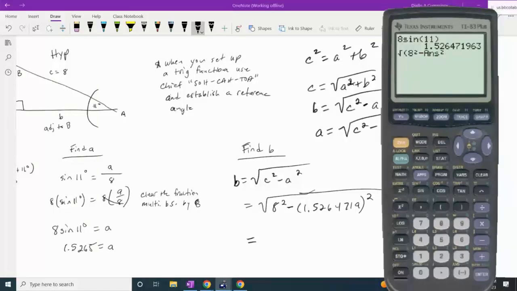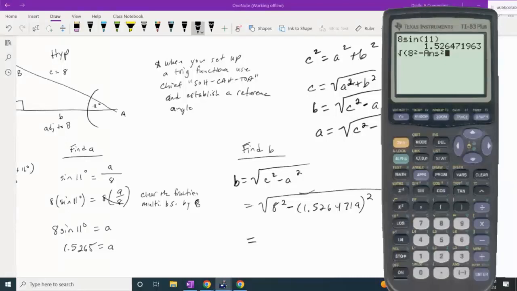So let me explain what I did by this answer thing. Answer is above the negative key and is yellow. The answer would be the very last result. So that 1.526471936, whatever that is, keep on going. That's answer without rounding.